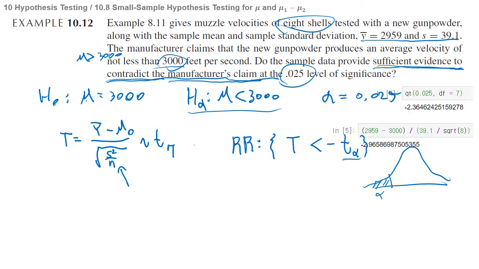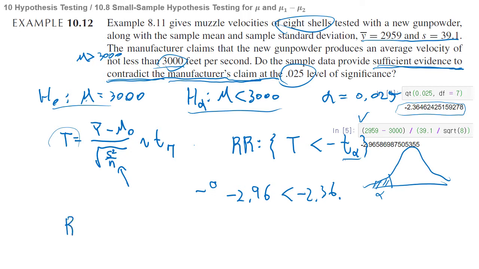That's what we did here using R. We calculated minus t alpha, which is minus 2.36, and t is calculated this way. Our t is minus 2.96, and this is less than minus 2.36. So we reject the null hypothesis, and the alternative hypothesis is true.